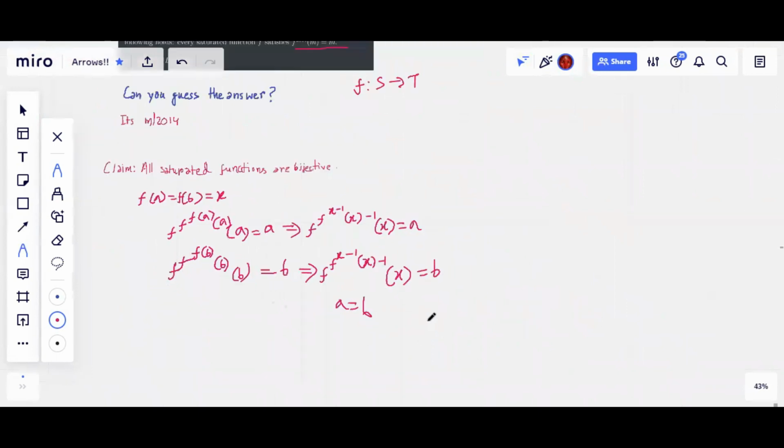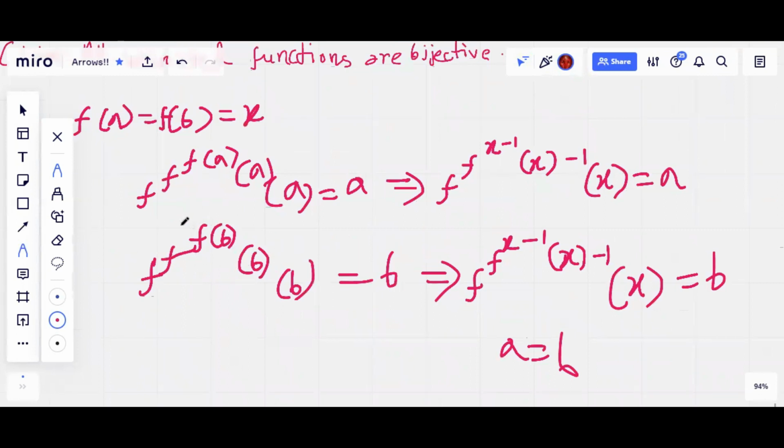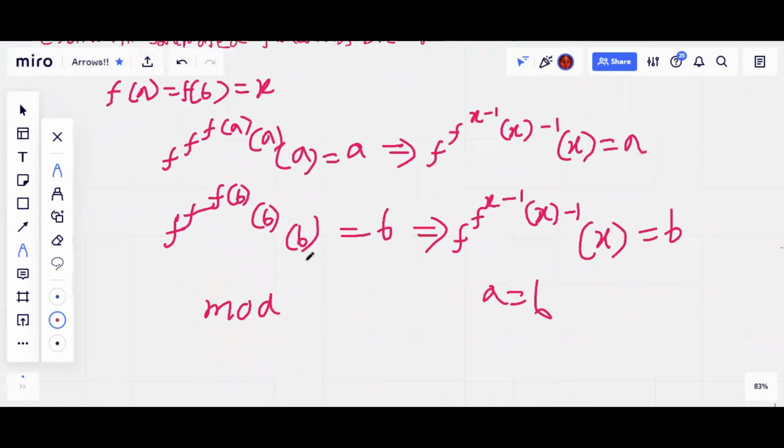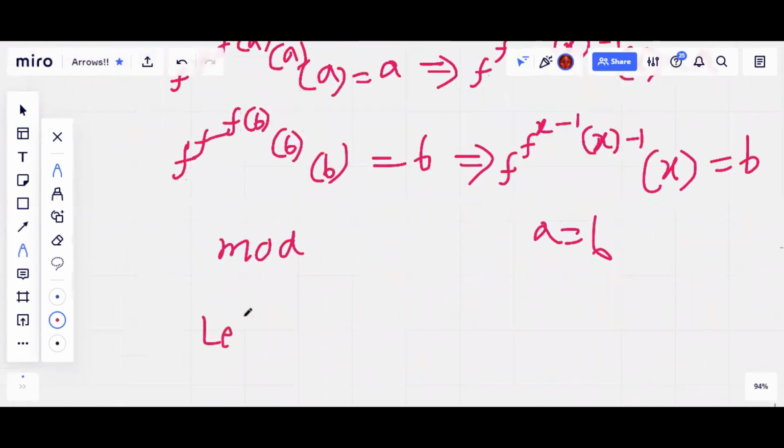So now note that you can take all these bad things which are really convoluted, modulo the order. Let the order of some m be g of m.